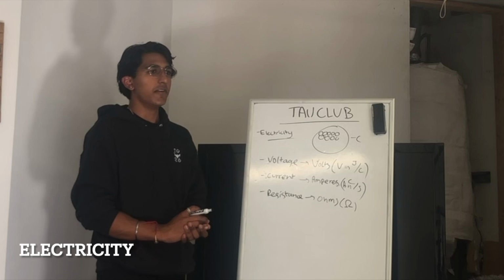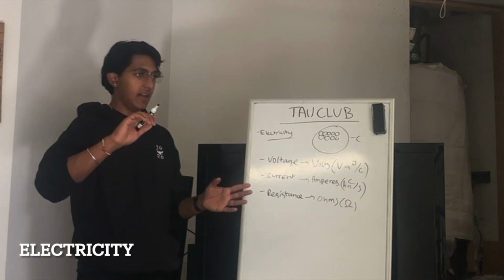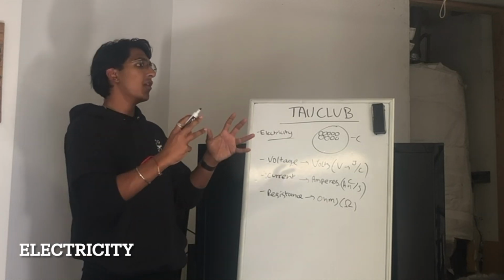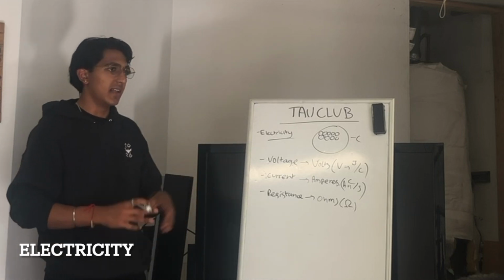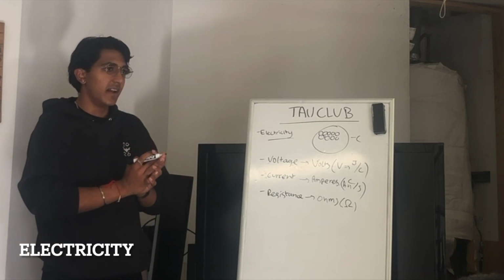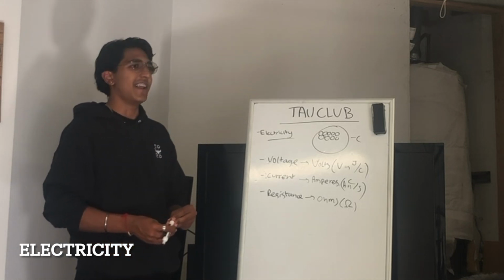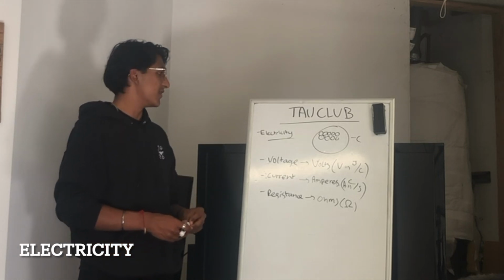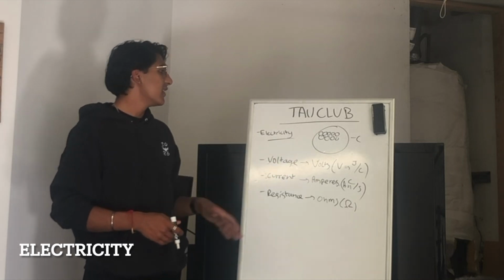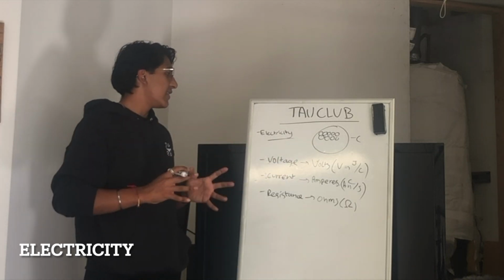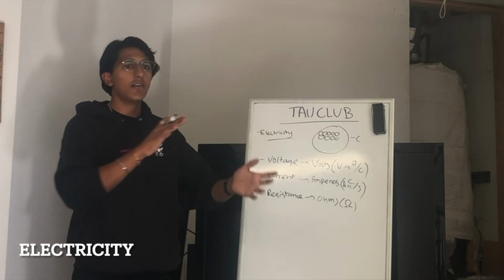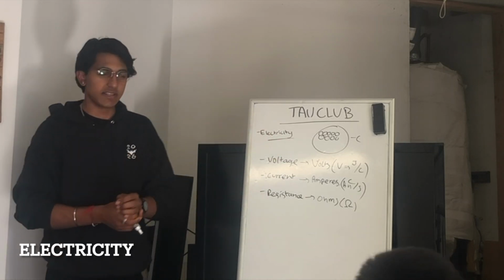So if you have, let's say, more energy packed in, a stronger battery, then your voltage will increase. Does that answer your question? So it's the amount of energy per electron, and that energy determines how the flow of the electrons is.